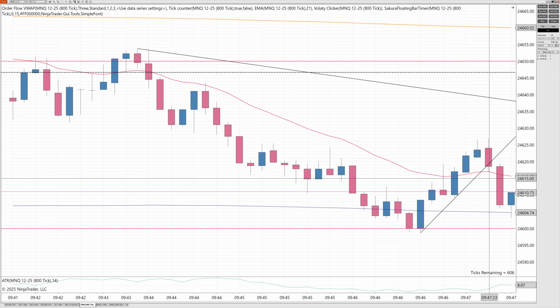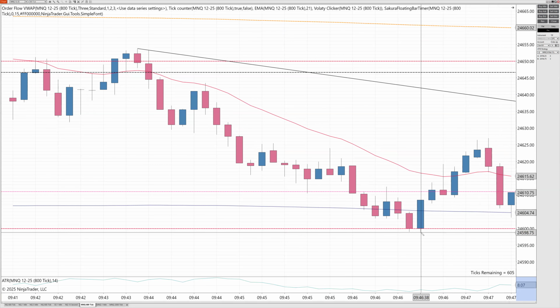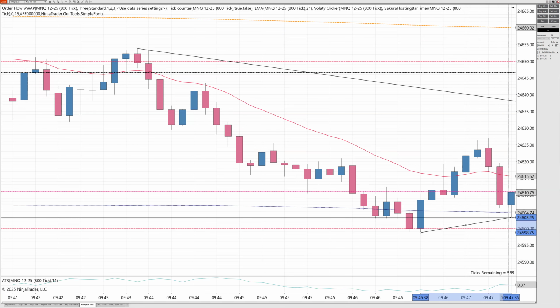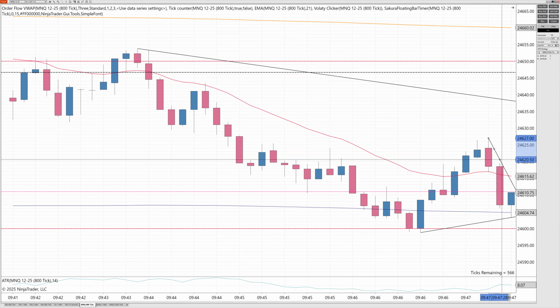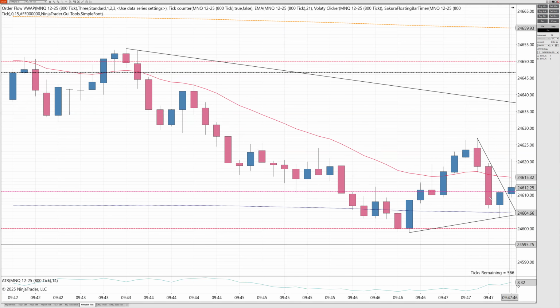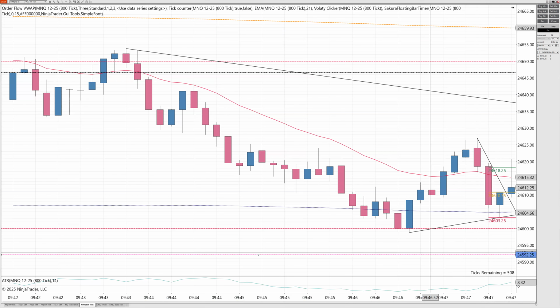And now we have a higher low. We have a potential signal to go up, but we can't take it, even though I think it worked. We can't take it because we have the EMA in the way and we have the downward trend line in the way. But it did work.